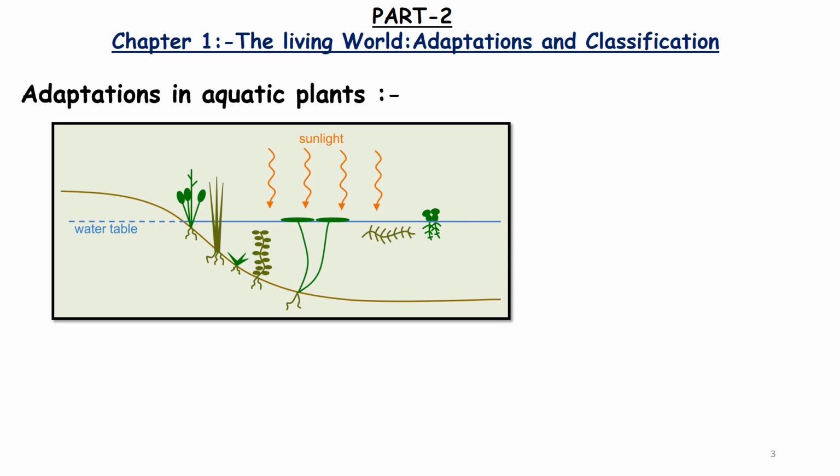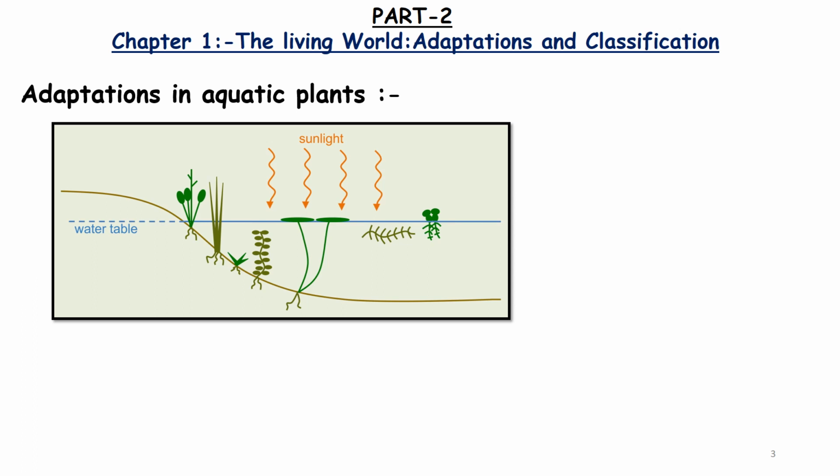Now observe this picture. Some of the aquatic plants are firmly rooted in the soil at the bottom of the water bodies. Firmly rooted means their roots are fixed in the soil at the bottom of the water bodies.